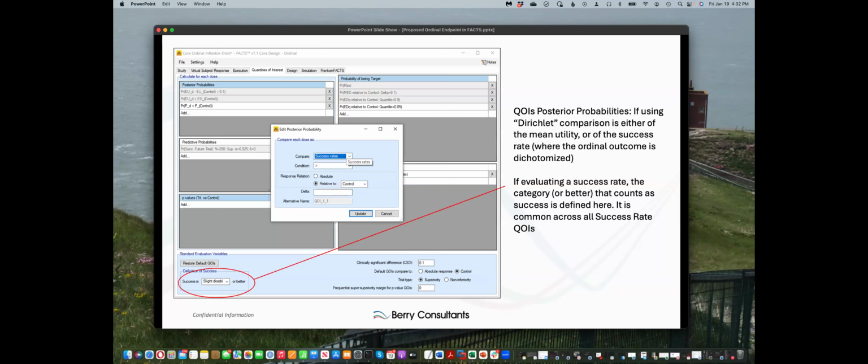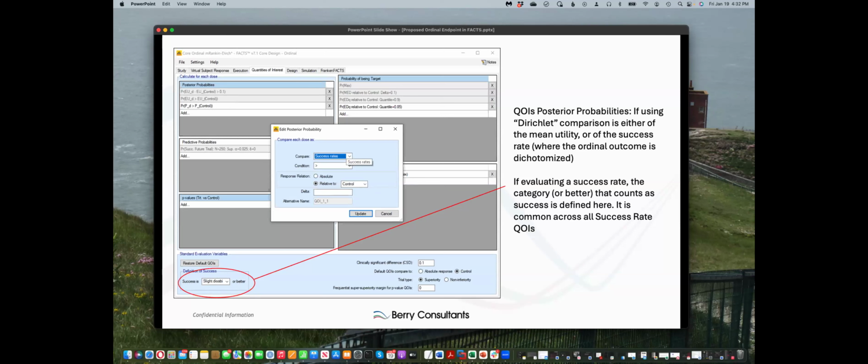That category, and any better category, will be counted as success, and the rest will be counted as failure. So that's set globally. There's only one notion of success, but you can mix the utility-based posterior probabilities and the success rate-based posterior probabilities.